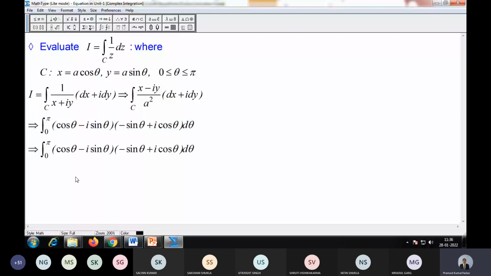So cos theta and sin theta means minus sin theta cos theta. Cos theta means plus i times cos square theta.